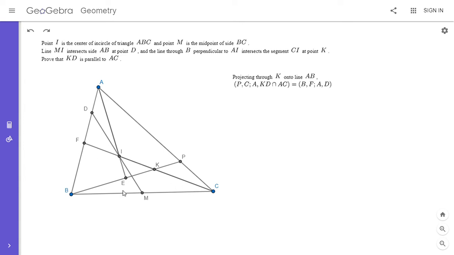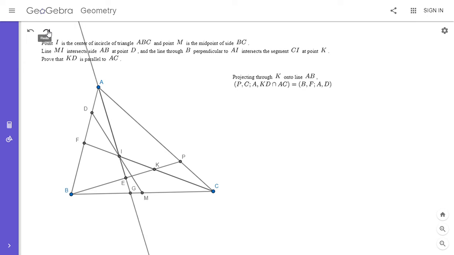That's why cross ratios are so handy, because they can tackle problems like this with a lot of intersection points. So if we project B through I, the question is what line to project onto. I'm going to project onto the line BC. If we project B through I, it just stays at B. If we project F through I, it goes to point C. If we project D through I, it goes to point M. And if we project A through I, we have to draw in that intersection point.